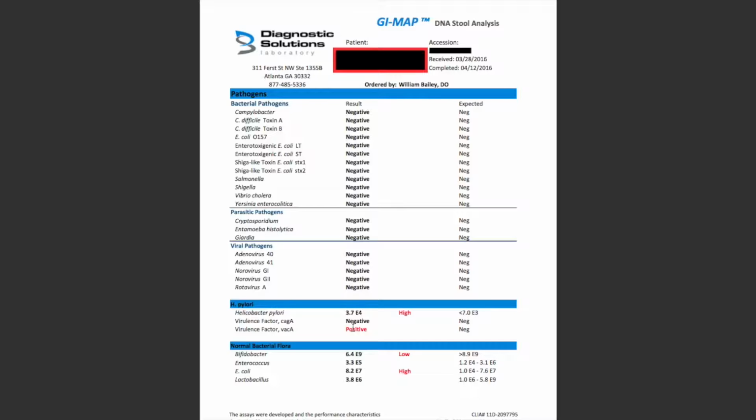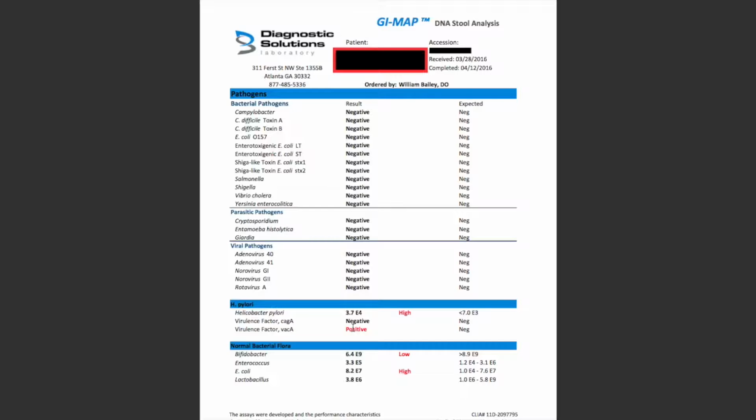So this can have profound effects on somebody's function, because it actually inhibits your ability to create hydrochloric acid. It can damage the cells that create hydrochloric acid in the stomach. It also creates an enzyme called urease, which actually cancels out or buffers the acid produced by the stomach, thus protecting the H. pylori so it doesn't get killed off by the acid.